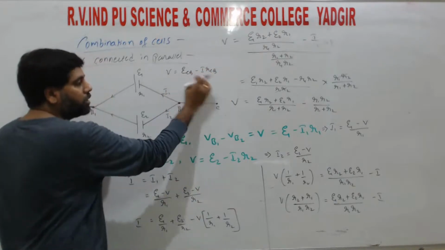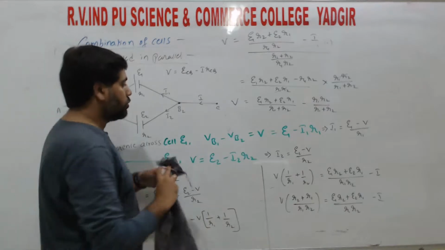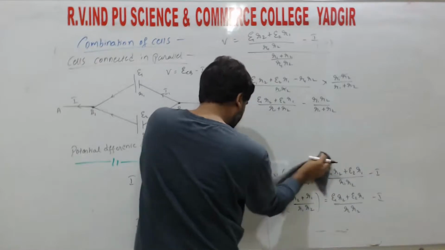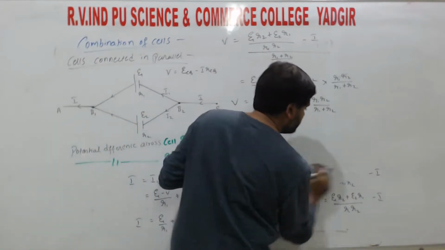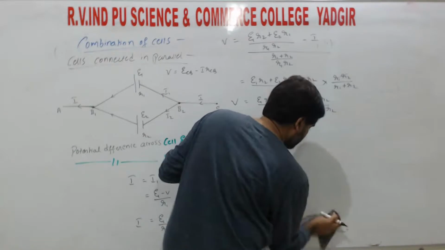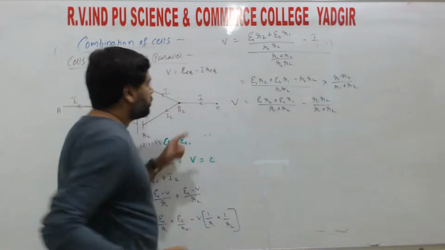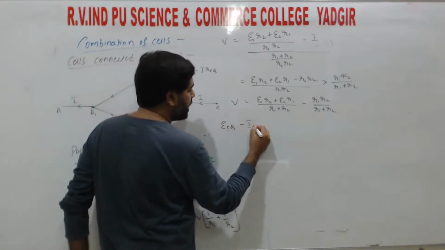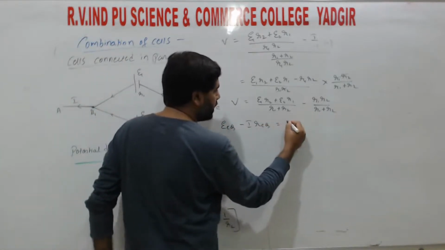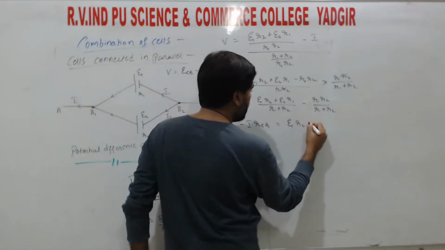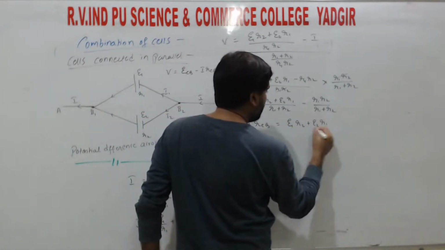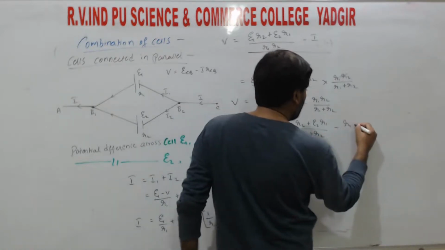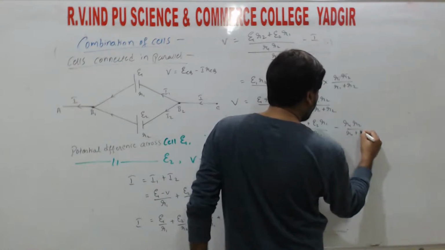Now comparing these two values, in place of V we can write E equivalent minus I R equivalent, that is equal to E1 R2 plus E2 R1 by R1 plus R2 minus I R1 R2 divided by R1 plus R2.